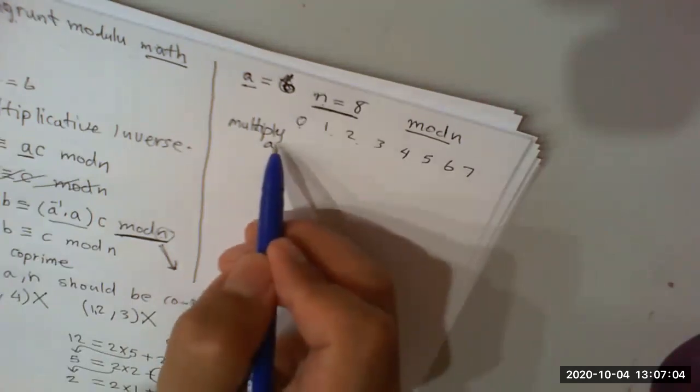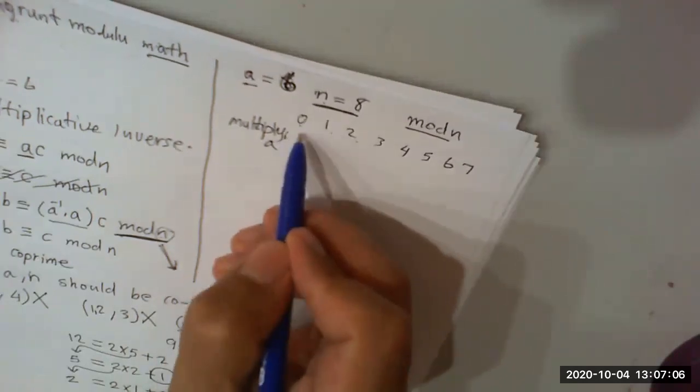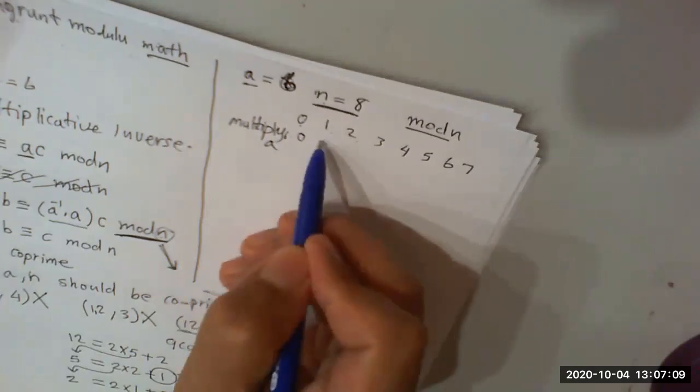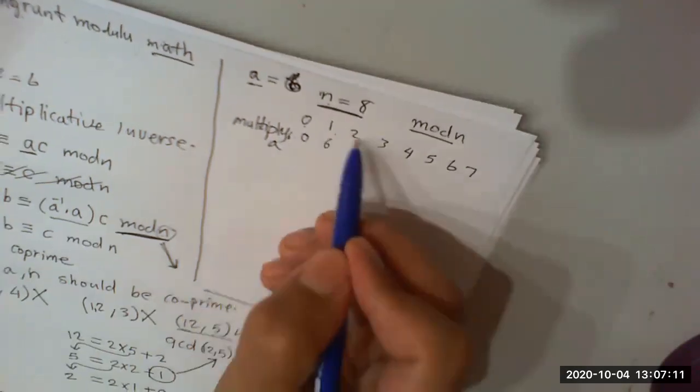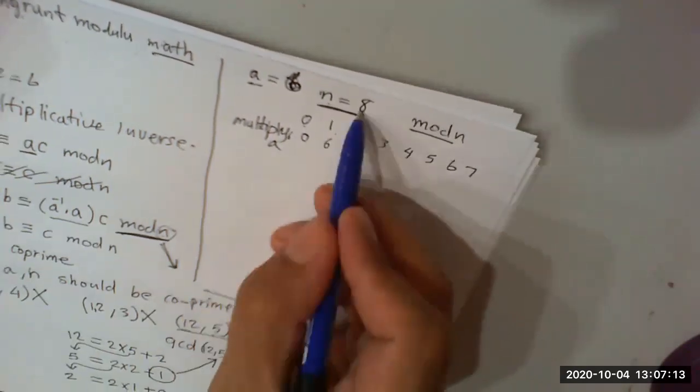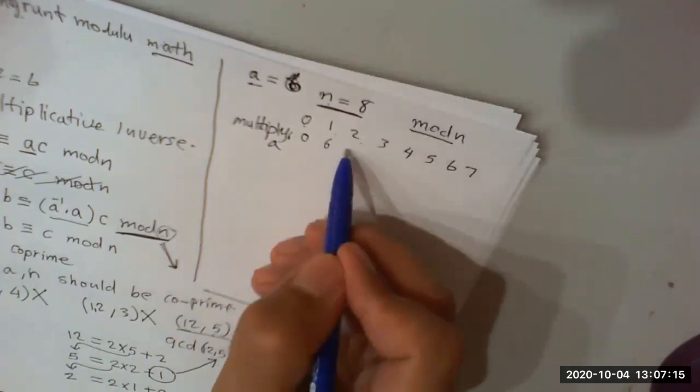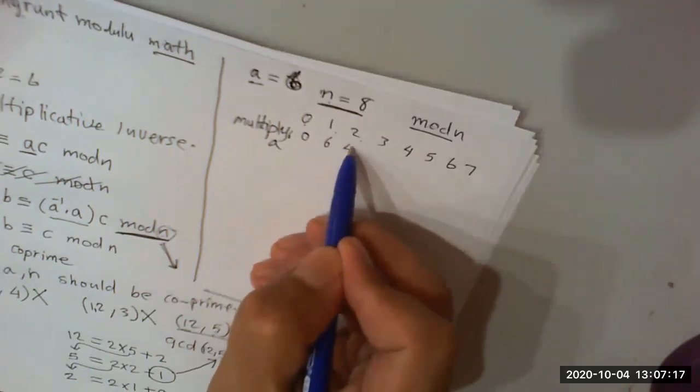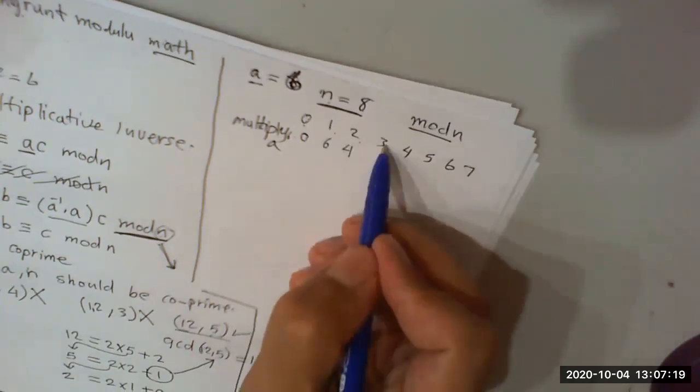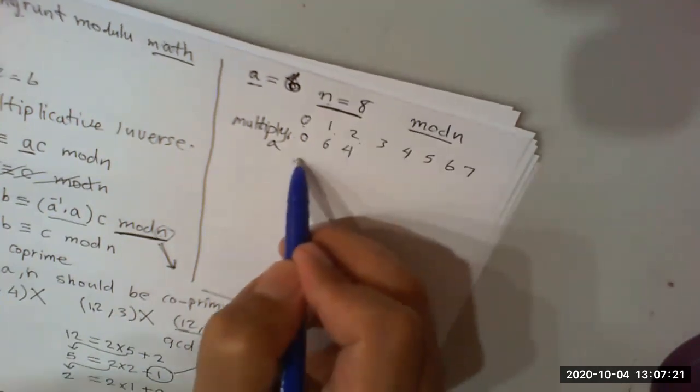If I multiply by A, which is 6, 6 by 0 is 0, 6 by 1 is 6, 2 by 6 is 12, and 12 mod 8 equals 4. 3 by 6 is 18.